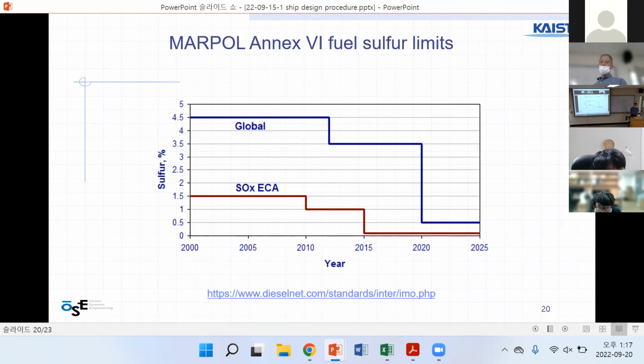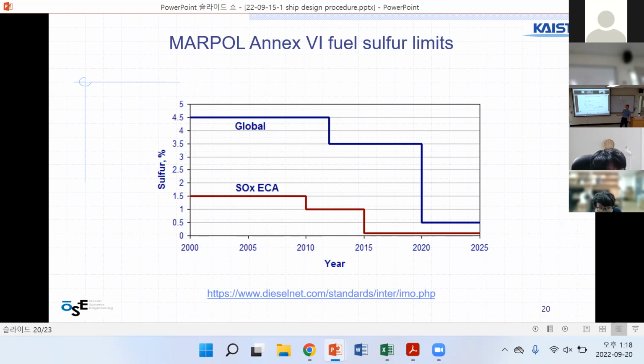So in MARPOL Annex VI, here is the sulfur limit. We are now here, right? So they dropped it how many times? From 4.5 to now almost zero.